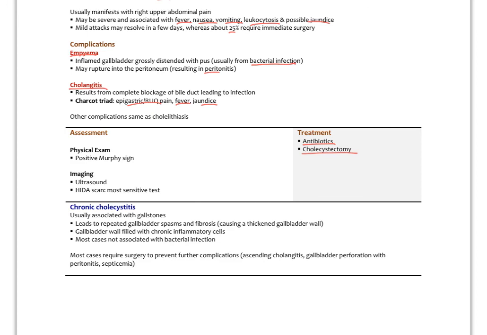Most of these cases will require surgery to remove the gallbladder because of the potential complications of ascending cholangitis and gallbladder perforation, which could result in peritonitis and septicemia. So the typical biomedical approach for these chronic gallbladder disorders, cholecystitis, acute and chronic, would ultimately be cholecystectomy.